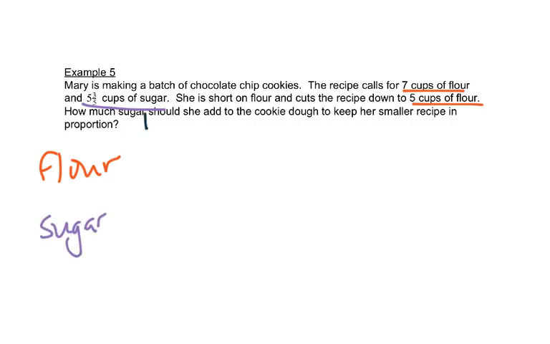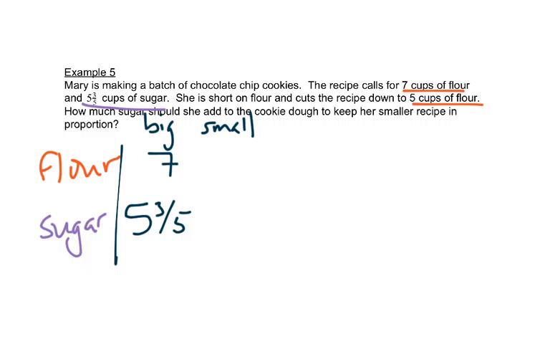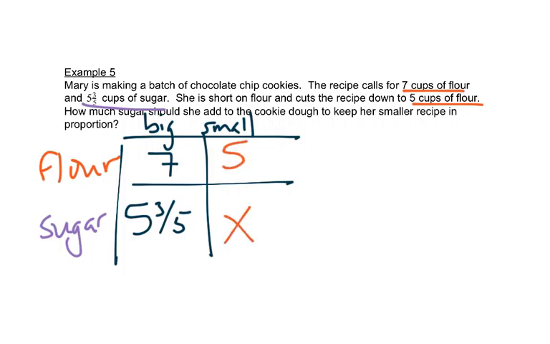But then we also have her big recipe and her smaller recipe. So in the big recipe, she has 7 cups of flour and 5 3/5 cups of sugar. And she doesn't have enough flour, so she cuts it down to 5 cups of flour. And we want to know how much sugar should she use, so that's our x.